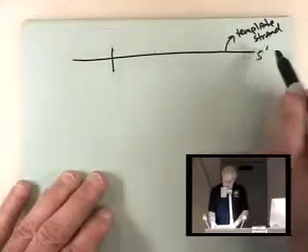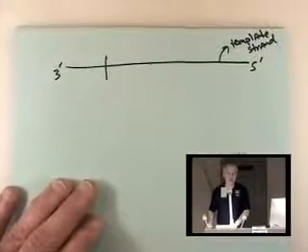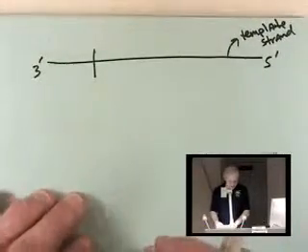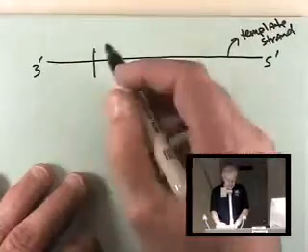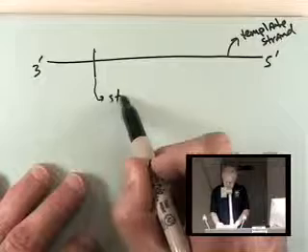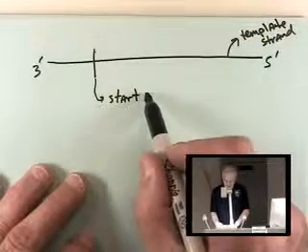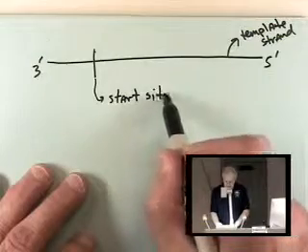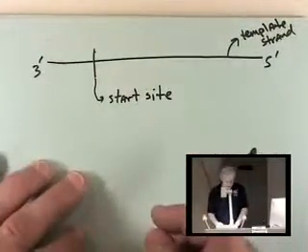And this is the 5' end, and this is the 3' end. Standard way of drawing the template strand. This here represents the start site. I might use start point in the textbook. I can't remember exactly what word they use, but I don't think they use start site, but that'll work.